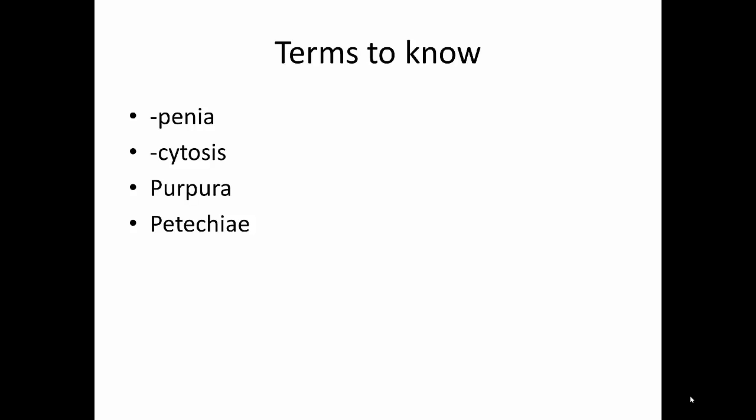Purpura and petechiae are terms that go along with platelets. Purpura is essentially a bruise. It's a spontaneous bruise. By spontaneous, I simply mean that it isn't accompanied by trauma. So the patient can go to bed at night, not have any bruising, and then wake up with multiple bruises.